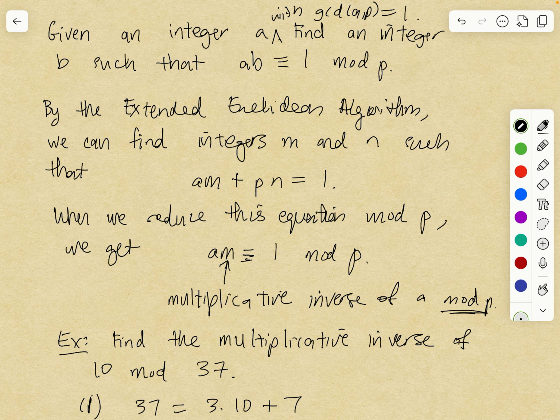And this is something that is important to do, for instance, in solving congruences, but in cryptography, it's one of the steps in something called RSA, the RSA crypto system.